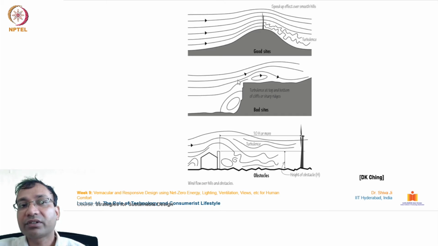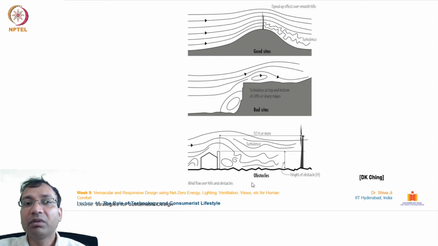Places where there is a sudden rise in the topography create turbulences, so this is not a preferable location for having houses, because there will be turbulence in the air most of the time of the day and the year.